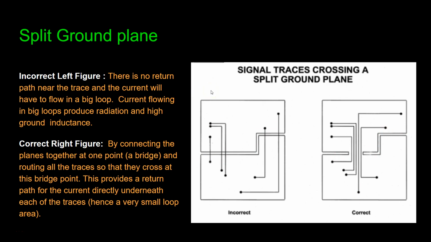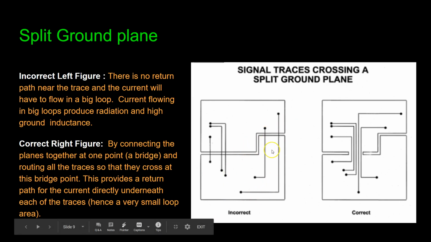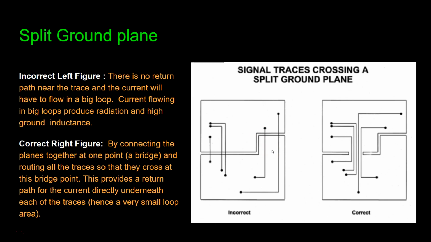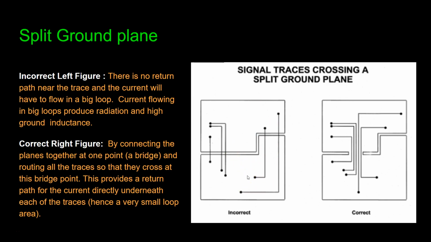So here, if you do have a split in the ground plane and run traces across the split, like you see in this left figure, there will be no return path near the trace, and the current will have to flow in a big loop. So you might have a big loop in this type of circuit arrangement. Current flowing in big loops produces radiation and high ground inductance, which is not good for your circuit.